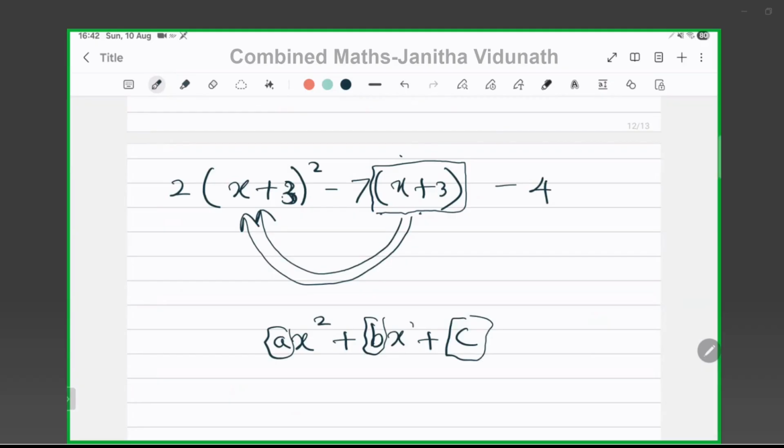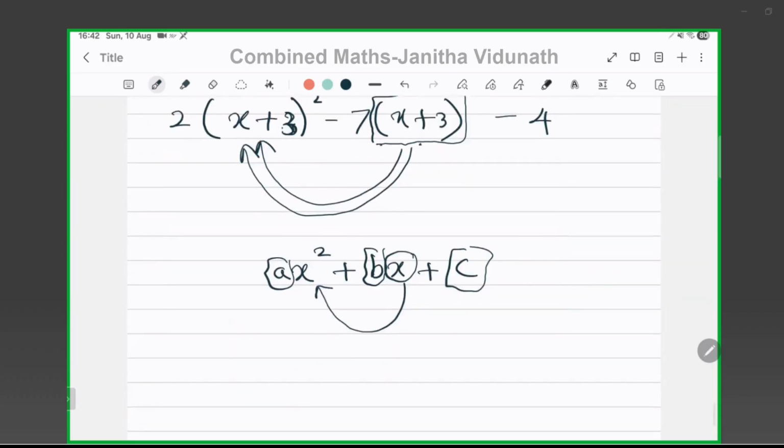Here we get an x term, and the first term is the square term of that. For example, in the previous question we got x square plus 5x plus 6. Here the middle term has x, and the square term of that is in front of it.